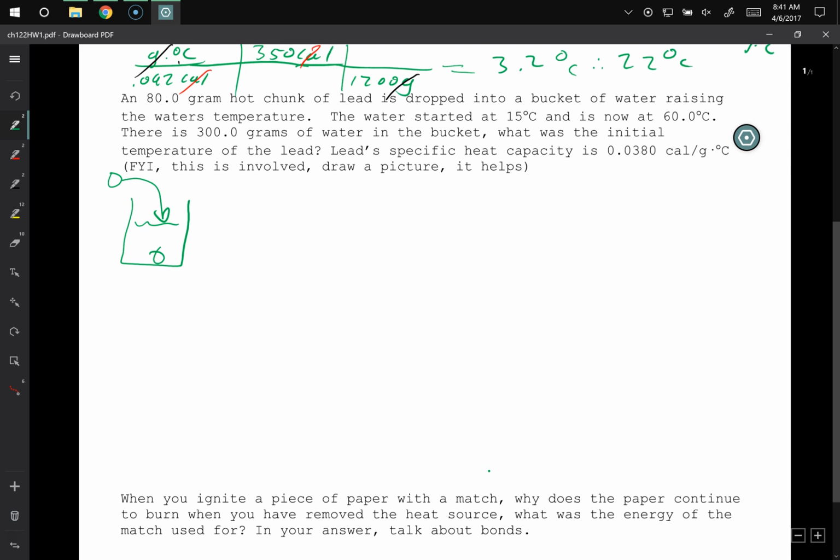So I'll use 1 calorie per gram degrees C. And let's see, my change in temperature is 45. And my mass is 300.